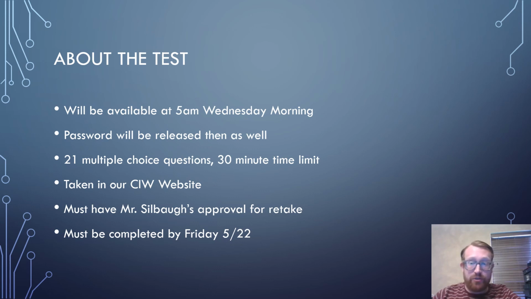So I want to make sure that you get the most accurate grade and the fairest grade possible, so you need to make sure you take this test on time. If you know you're not going to be able to do it on time, let me know so we can work something out. But other than that, just take it like we have, and you should be good to go.